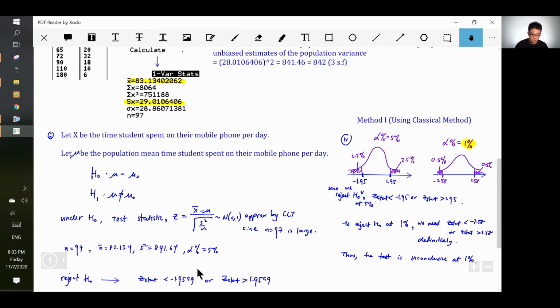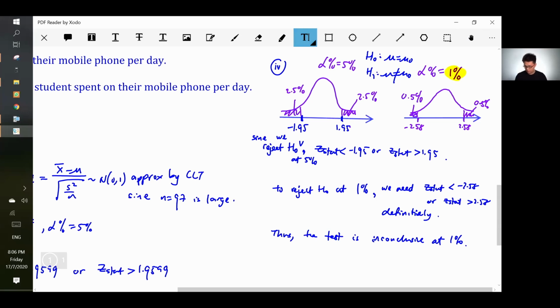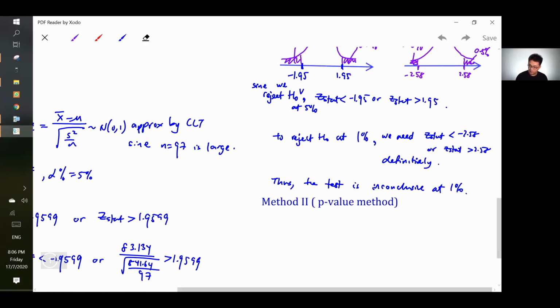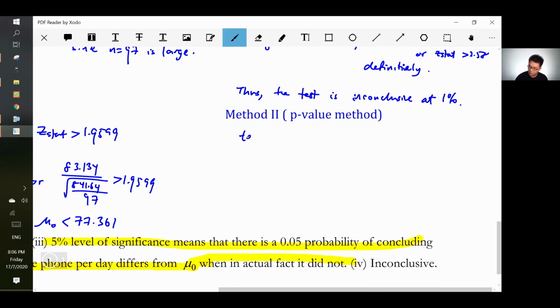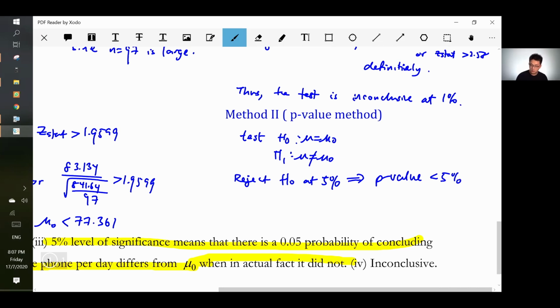For the p-value method, it's actually much simpler to write. So method 2, p-value method. What you write is, you test H naught: mu equals mu naught, H1: mu not equal to mu naught. You reject H naught at 5%, which means that the p-value is less than 5%.